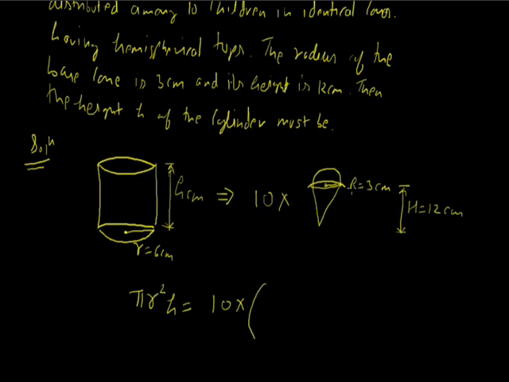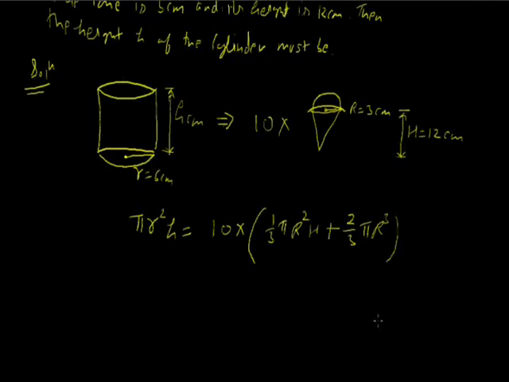So the volume of the cylinder, pi r square h, is equal to 10 times the volume of this cone. The volume of this cone is the volume of cone plus this hemisphere. So the cone का volume निकाल सकते हैं 1/3 pi capital R square capital H plus hemisphere का volume हो जाएगा 2/3 pi capital R cube.